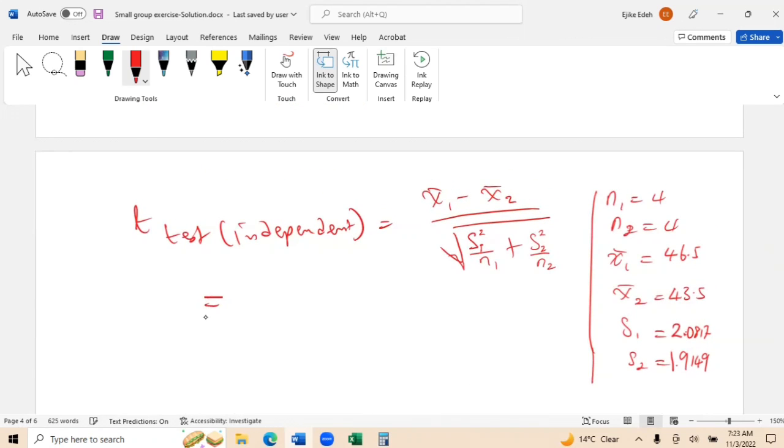So over here, we know that x bar 1 is 46.5, and we know that x bar 2 is 43.5.